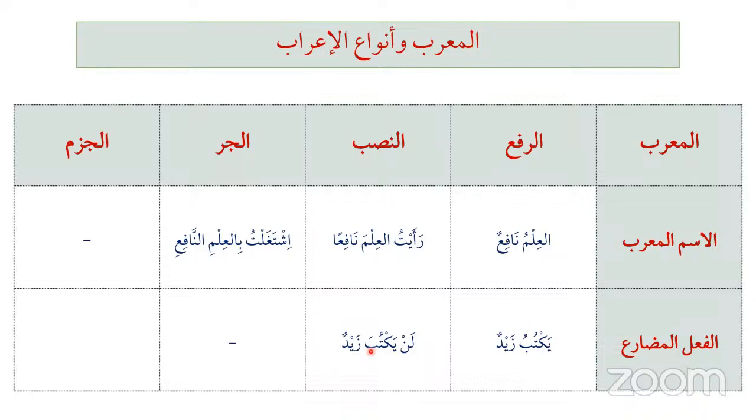Whenever you have hatta and you have a fi'l mudari after it, an will be assumed to be hidden. So in other words, you're saying hatta an tankiha. So in essence, hatta has not entered upon the fi'l mudari. It's come before an, which is assumed to be there. That's why tankiha is mansoob with a fatha.